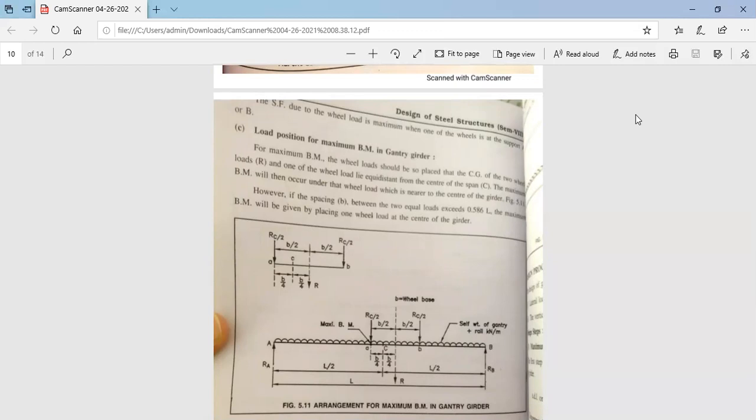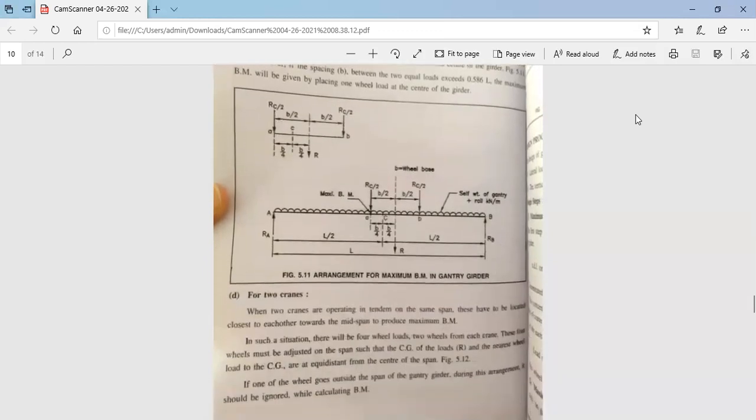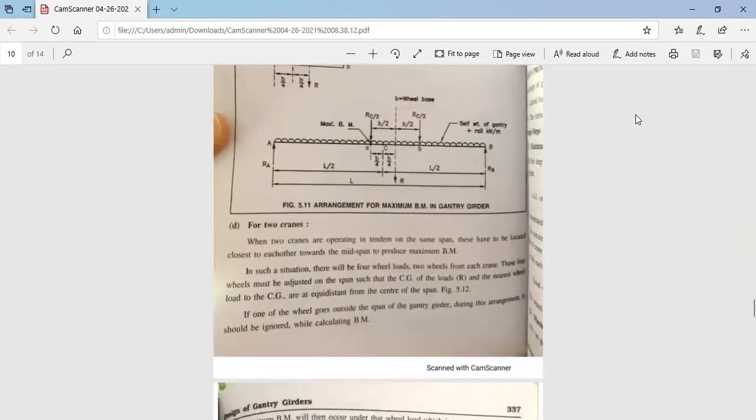If the spacing B between two equal loads exceeds 0.586 L, the maximum bending moment will be given by placing one wheel load at the center of the girder. Next case is for two cranes. When two cranes are operating in tandem or on the same span, they have to be located closest to each other towards the mid span to produce maximum bending moment.